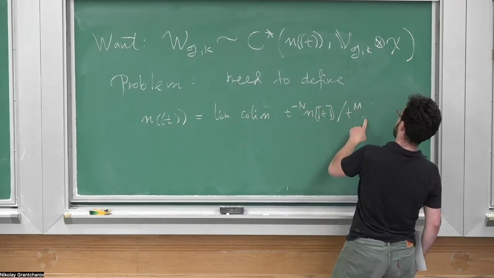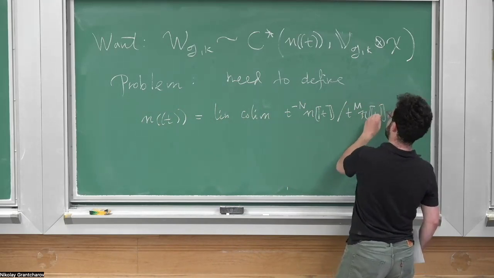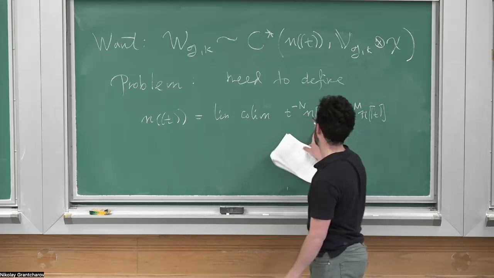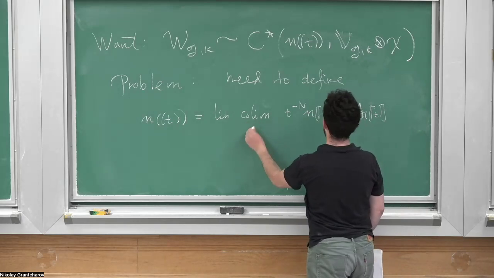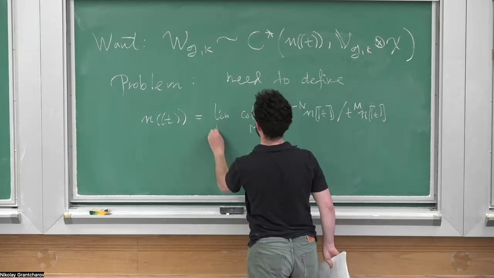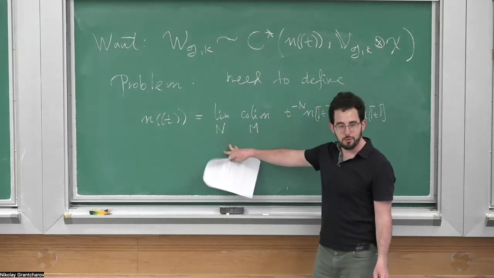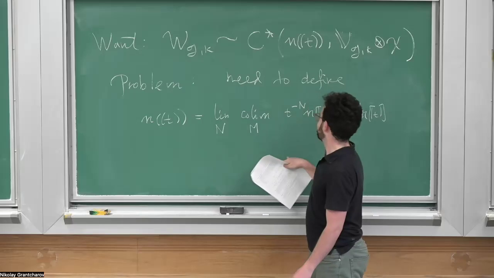So we have the t, n goes to infinity direction and n goes to minus infinity direction. One of them is a limit and the other is a colimit. So it's both an ind and a pro object, a pro ind object, or ind pro object.